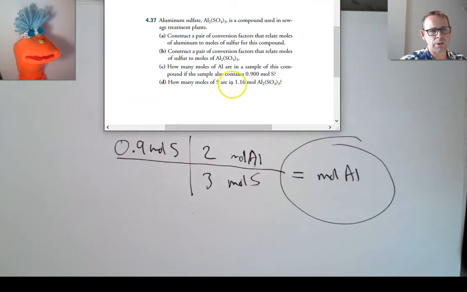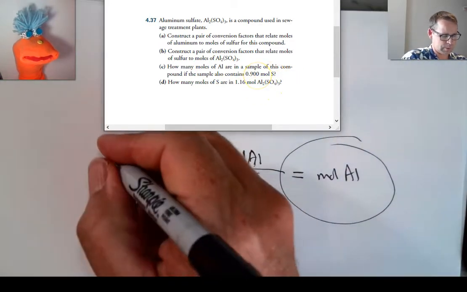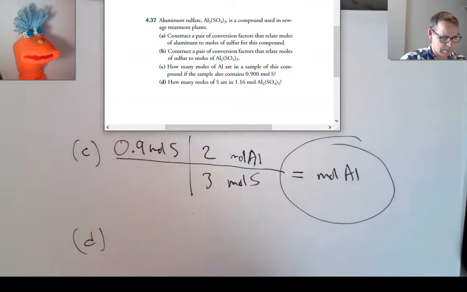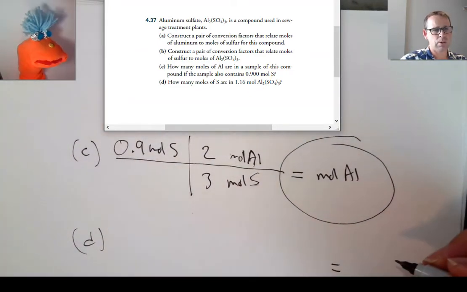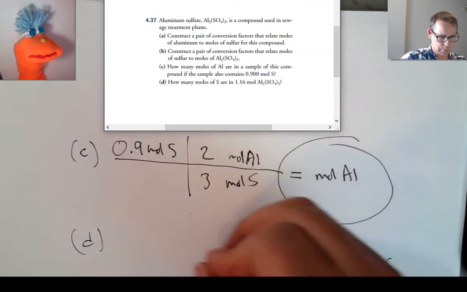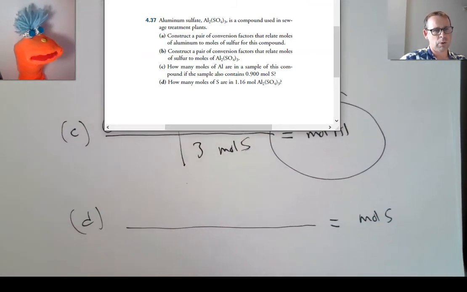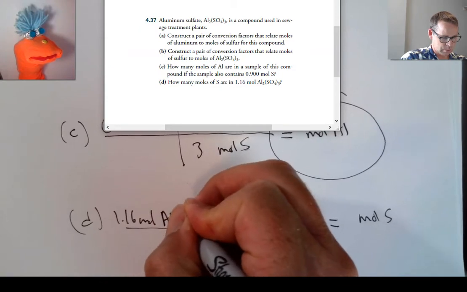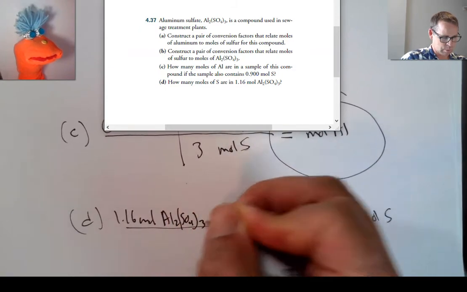How many moles of sulfur are in 1.16 moles of aluminum sulfate? So this is part C here, and now we're working on part D. What goes to the right of our equal sign? Moles of sulfur. Very good. And what am I starting with? 1.16 moles of Al2(SO4)3.